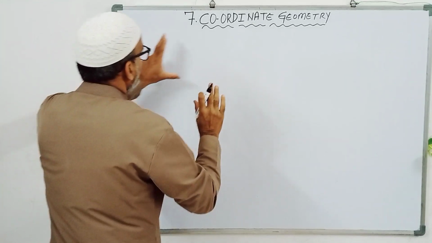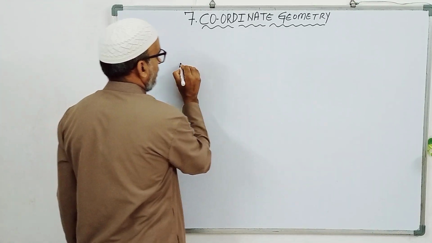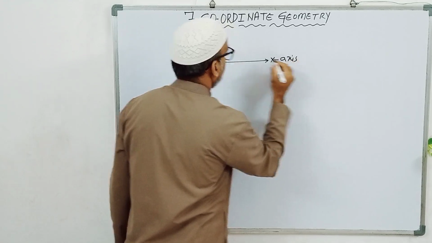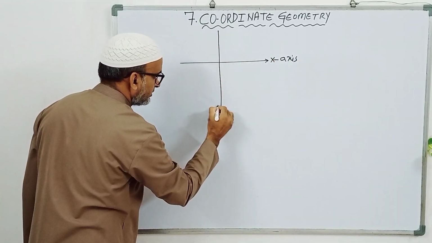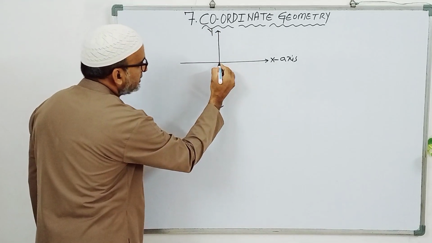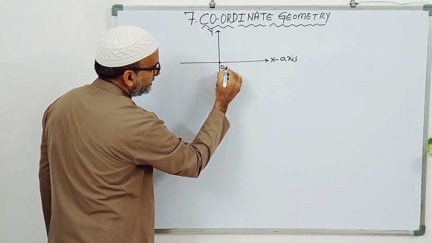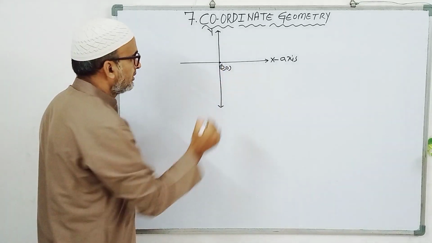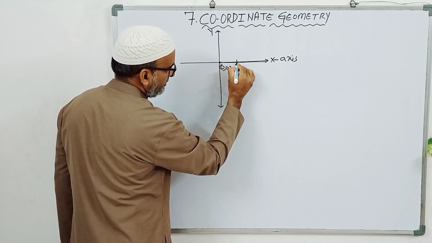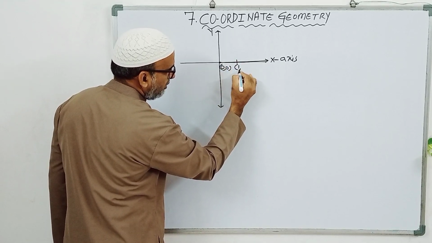Here, based on x-axis, this is x-axis, this is y-axis. Some important points I am giving to you. Here, this is the point known as origin. The coordinates are 0, 0. Here on x-axis, this is x-axis, here 1 centimeter means the point will be 1, 0.